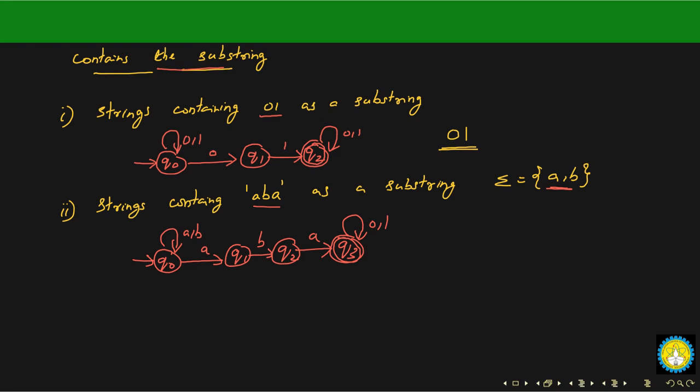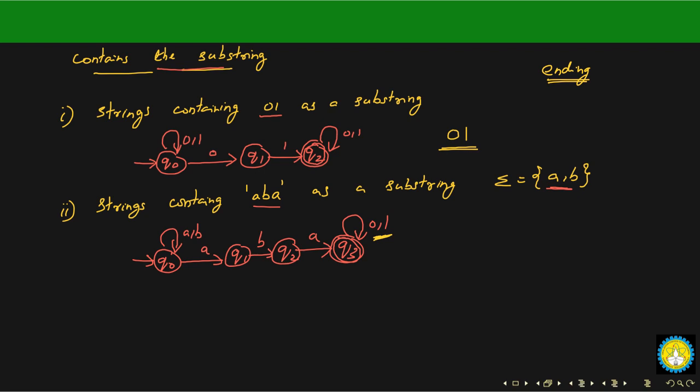Remember, in the earlier slide, we dealt with the ending with condition. If you're dealing with NFAs with the ending with condition, then you should not show a 0, 1 transition on the final state. That's not required.